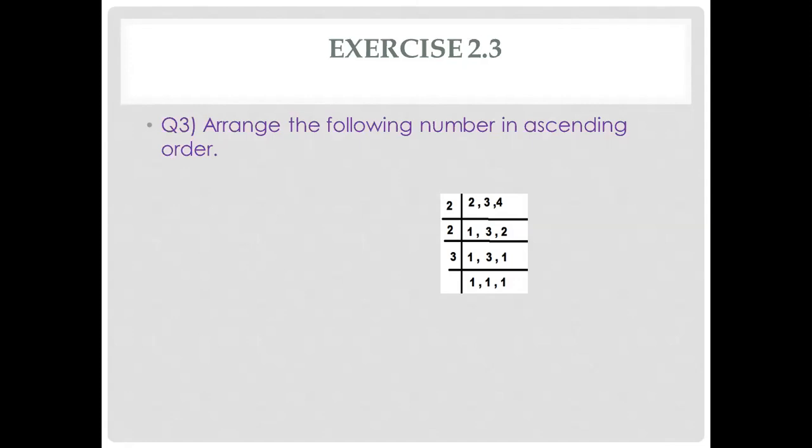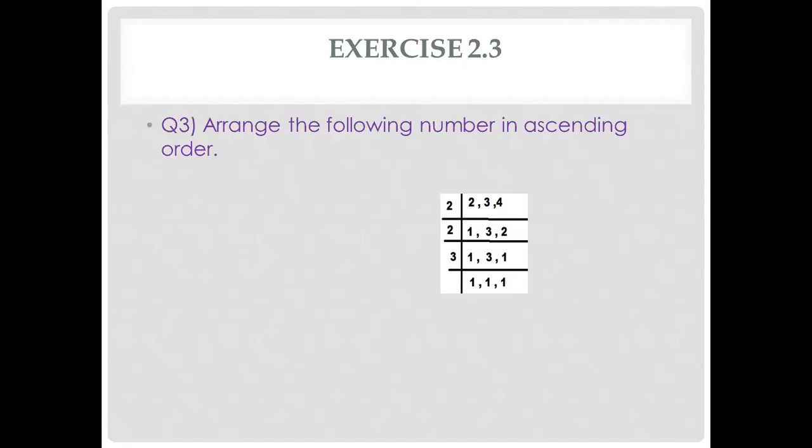In descending order, we arrange the values from greater to smaller. In ascending order, we arrange the values from smaller to greater. But the steps which we followed in the previous question, the same steps we follow. We make the denominator the same by taking the LCM.